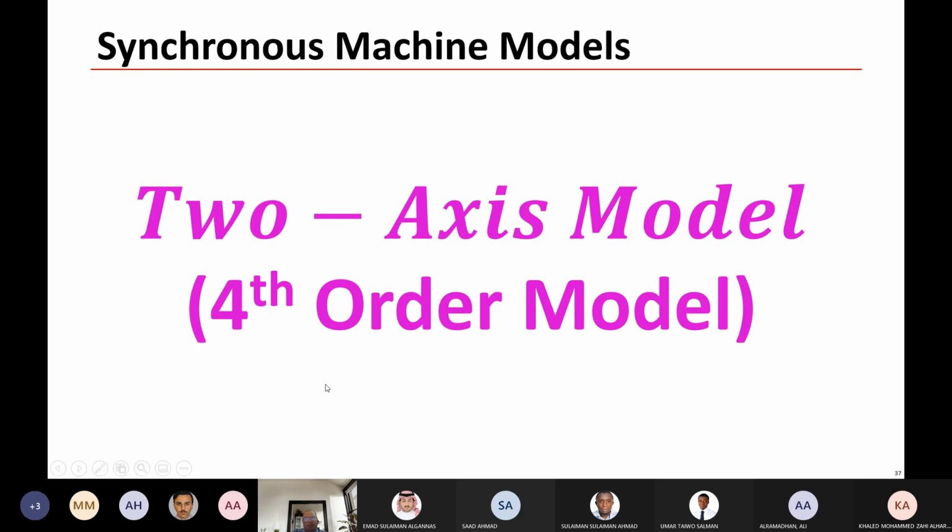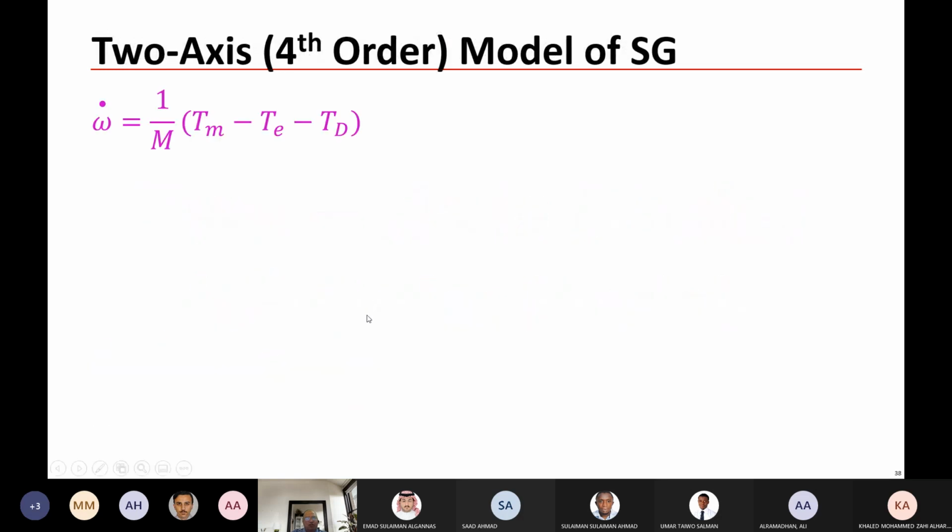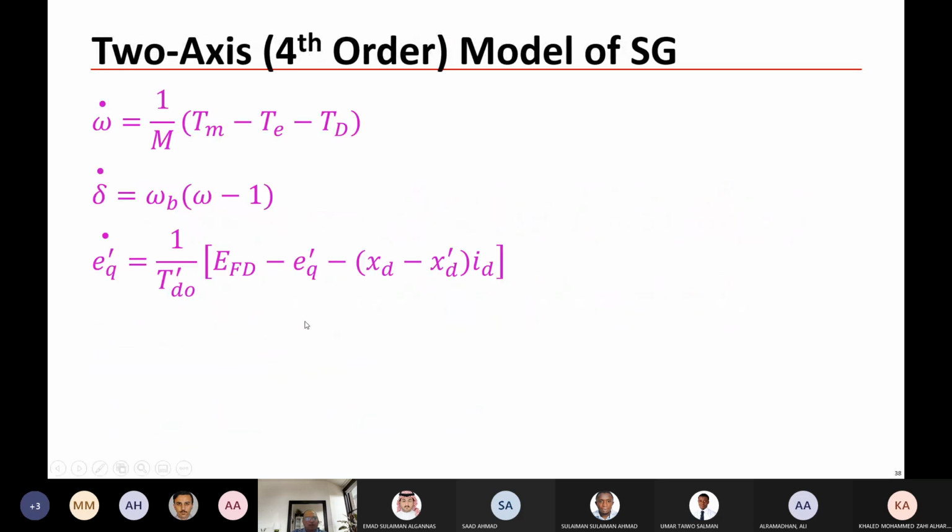But if we extend this model to include also the dynamics in ED prime, we have now a fourth order model. So in the fourth order model we have an additional equation. This is the EQ prime dot, the third order model, and we have another equation here for ED prime dot.